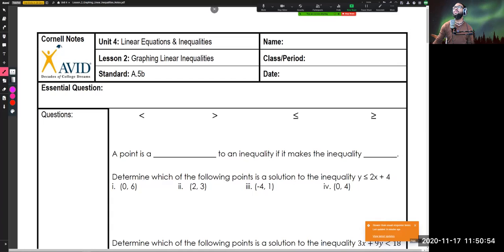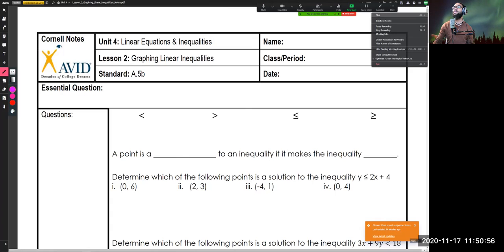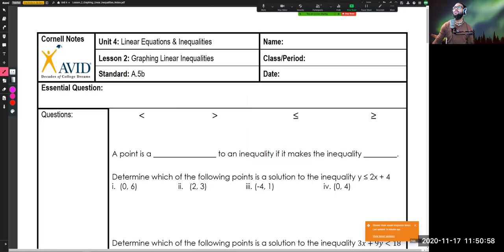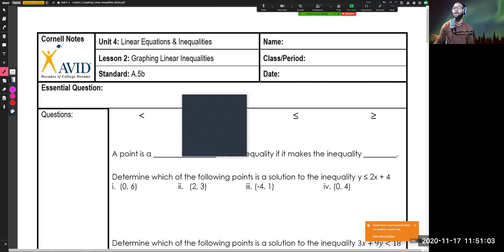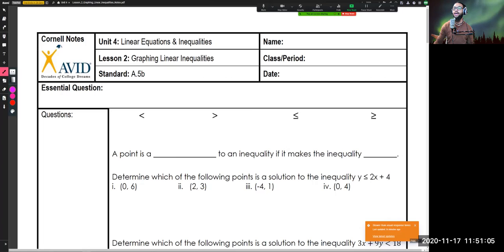If you remember the notes from yesterday, or our last session of notes, we had our essential question being how can I draw a graph when given the slope intercept form.